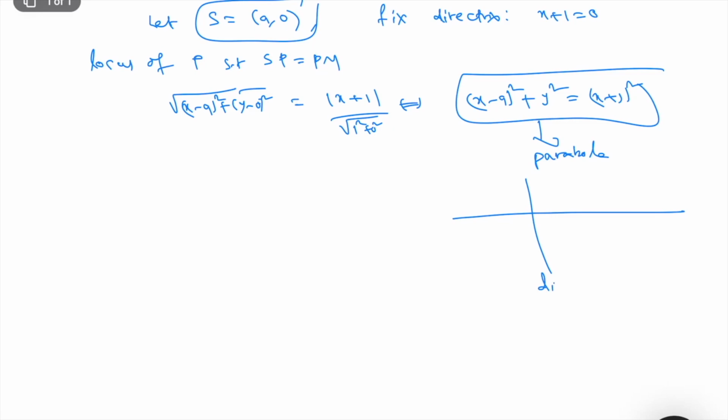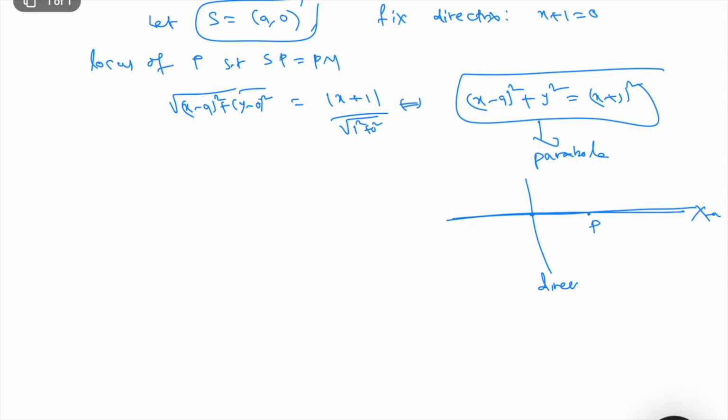Because this is the directrix, if S is here, then for points in the plane, SP equal to PM happens only for points on this axis. This is going to be the x-axis.